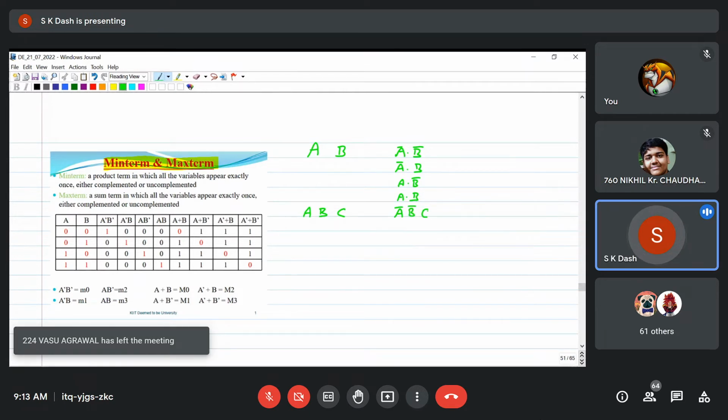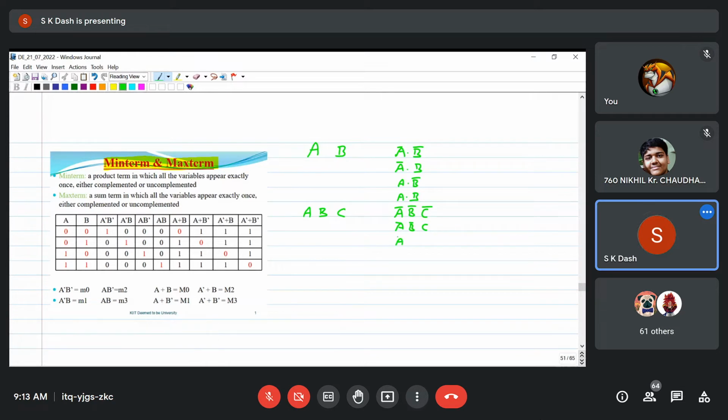A bar B bar C bar, A bar B bar C, and so on. So these 8 product terms are possible. Apart from this, is anything else possible? Only these 8 are possible.